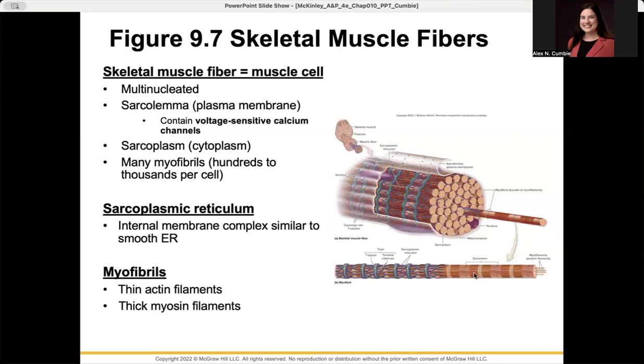These filaments that move across each other are called thin actin filaments and thick myosin filaments. Again, thick and thin tell us a description of the fibers. Actin filaments look thinner, myosin filaments look thicker, and actin and myosin are the names of the proteins that make up these filaments.